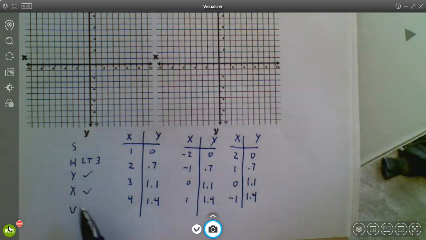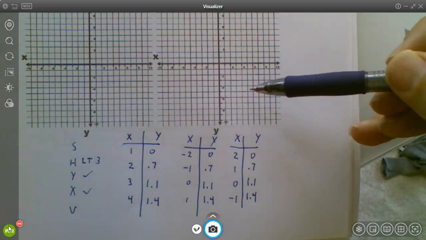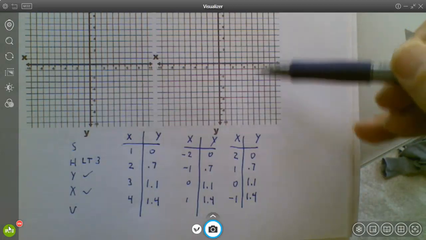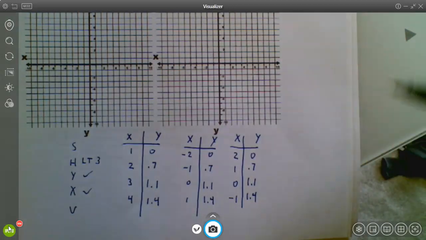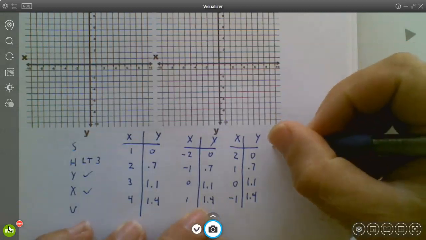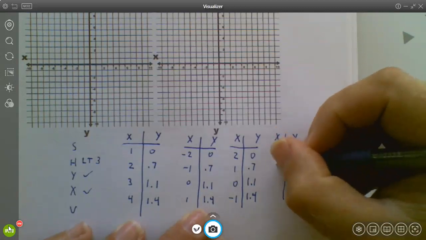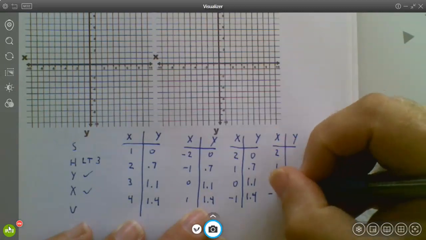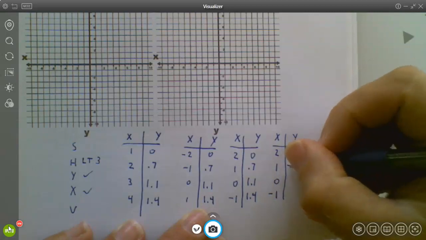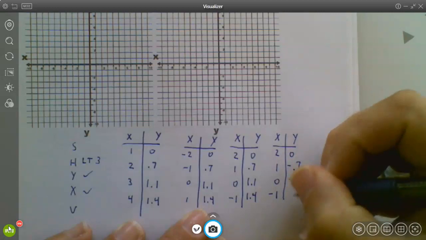And now I'm going to reflect across my x-axis. If I reflect across my x-axis, that means my graph's going up and down, which is going to change the sign of my y values. So for my final step, I'm going to change the sign of my y values: -0.7, -1.1, -1.4.